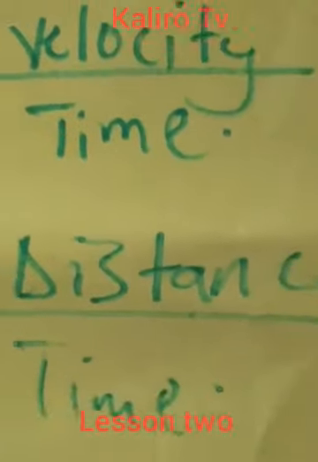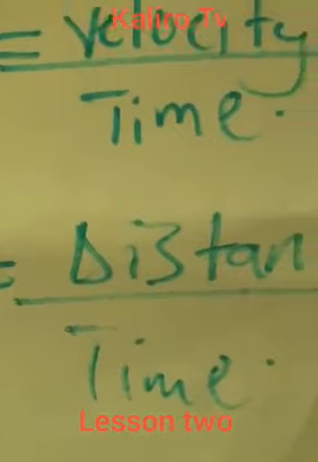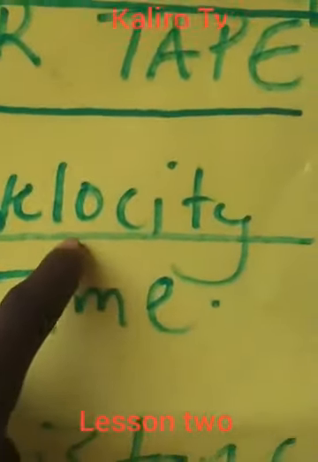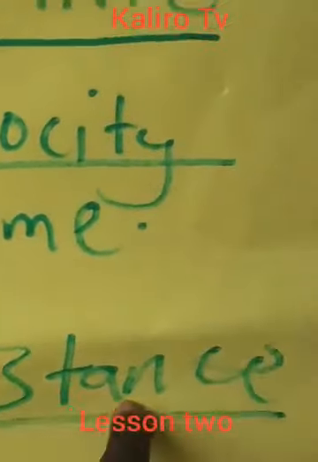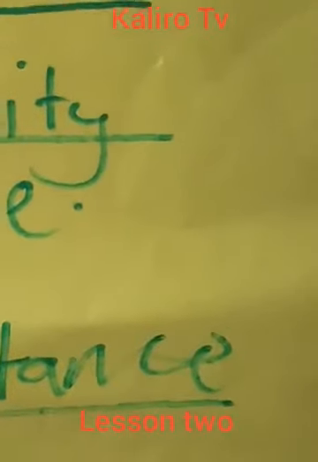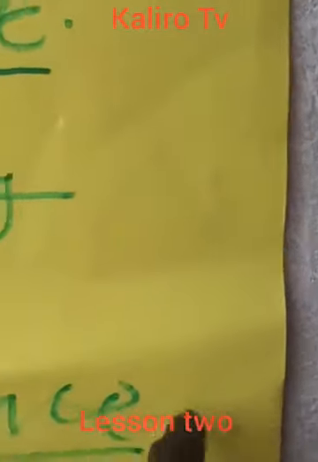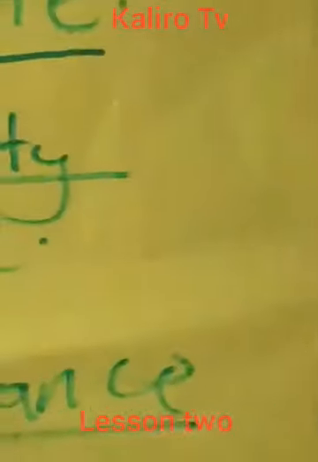We are now going to know how to determine acceleration and velocity. Acceleration is velocity divided by time, and velocity is distance divided by time. But this distance changes to displacement. Why? Displacement is distance moved in a specified direction.